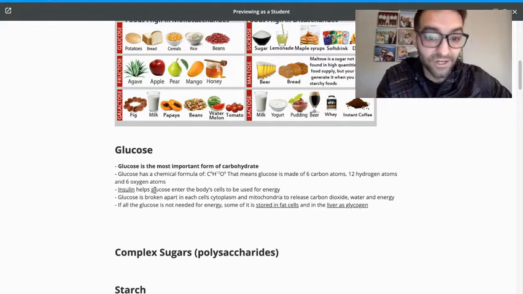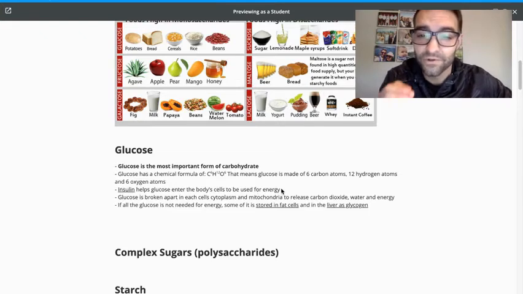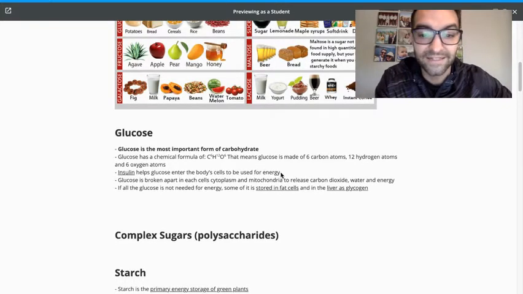But then glucose, thinking about the carbohydrates, enters the body's cells to be used for energy. It really will go throughout every single cell in your body to make sure that they have energy and they can continue to thrive. And that is through the bloodstream, just so if you're wondering how that works.